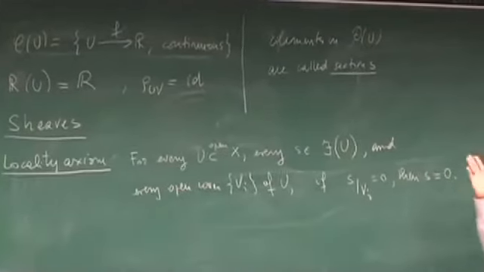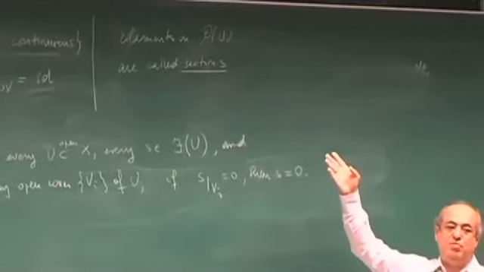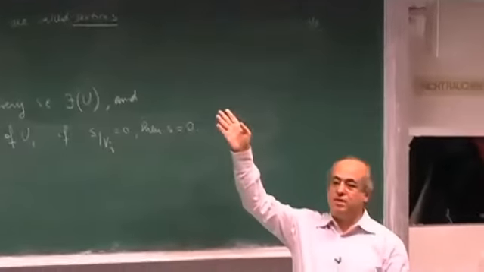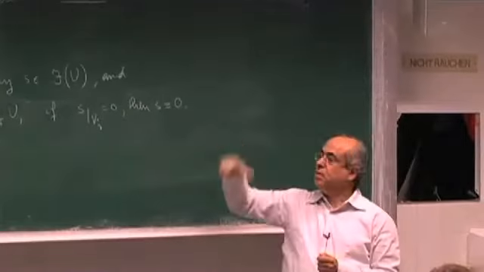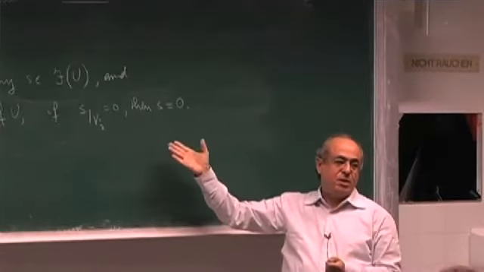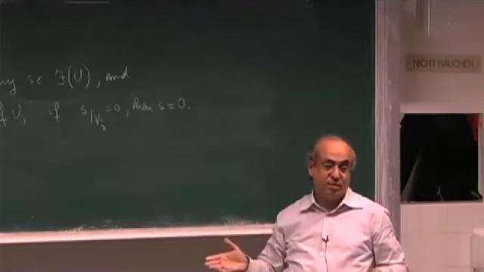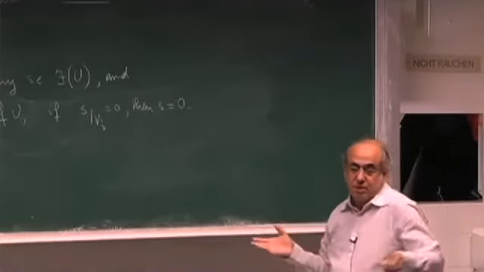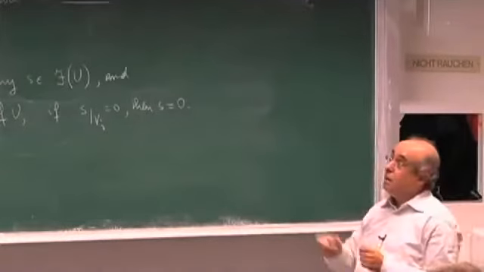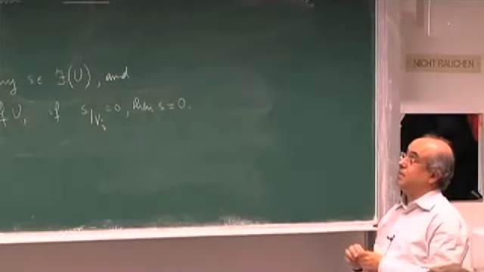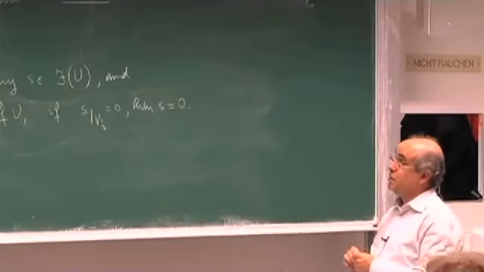Again, you see that immediately we realize that our pre-sheaf of continuous functions satisfies this condition. Correct? Because if a function is 0 on an open cover of something, it is 0 on that something. It's a trivial statement. Also, the second pre-sheaf satisfies this condition.